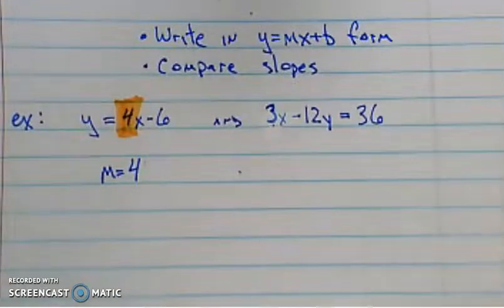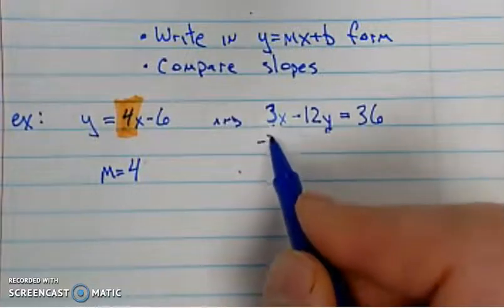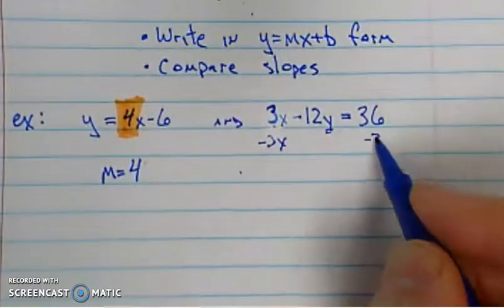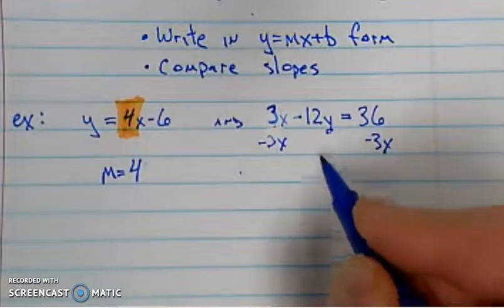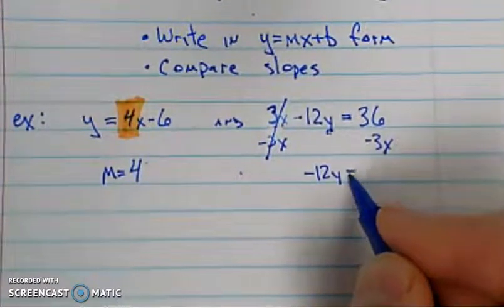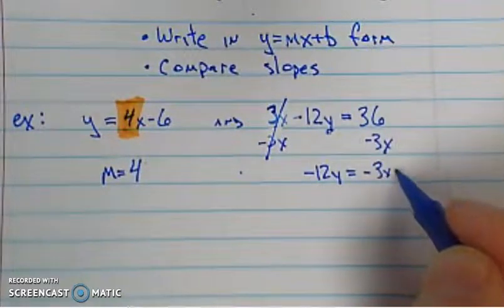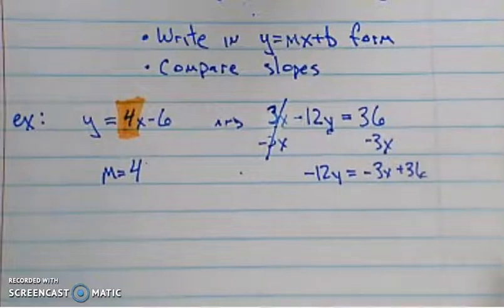However, the second equation is not in mx plus b form, so I'm going to have to make it so. I'm going to solve for y by getting rid of the 3x on both sides. Those go away. It leaves me negative 12y equals. These are not like terms, so I'm going to leave it as negative 3x plus 36.